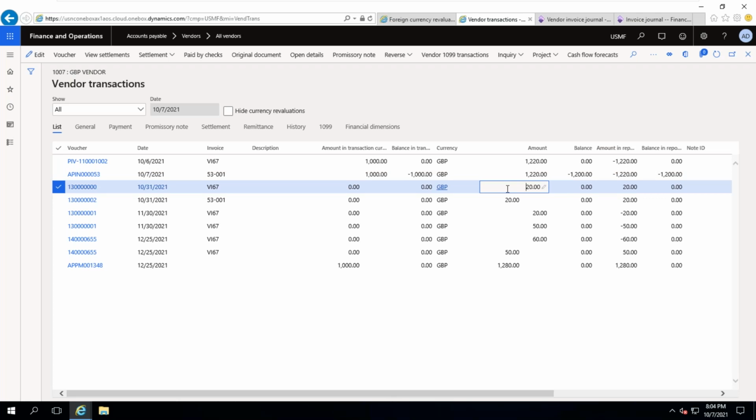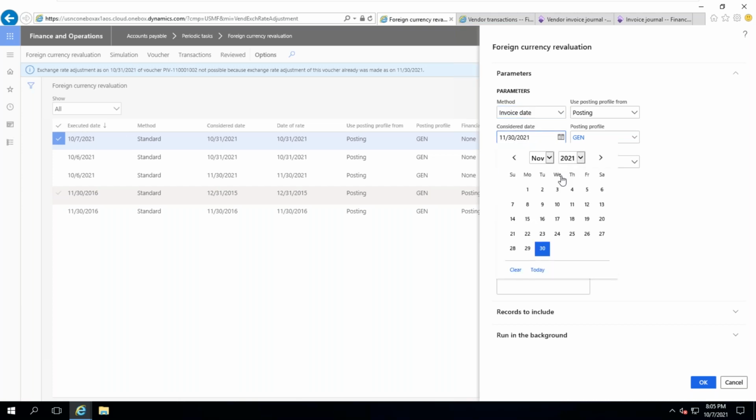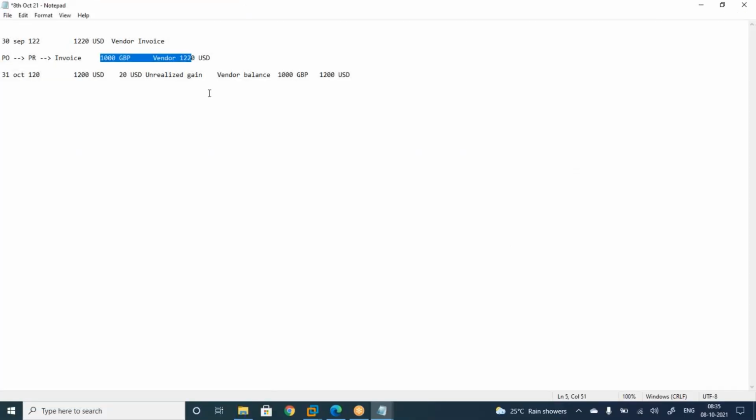So whatever you are asking now, if you want that, you need to execute it with the invoice date, and you need to execute on 1st November. So if I need to execute on 1st November, this is two tasks. Only this account was posted now.